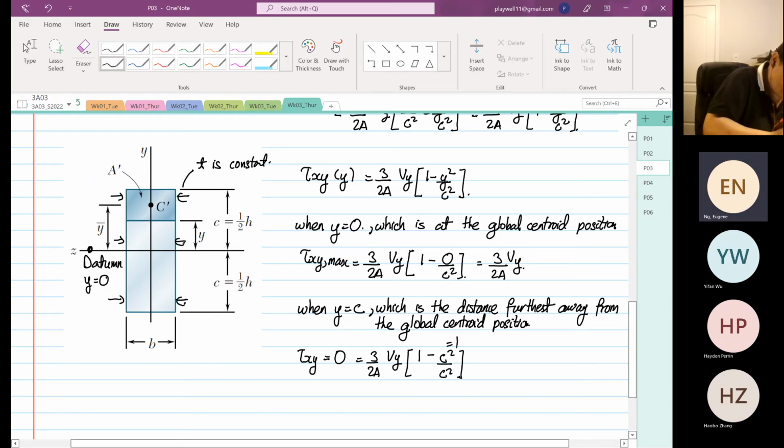So this is also equal to 1 minus 1. So this will be equal to 0.